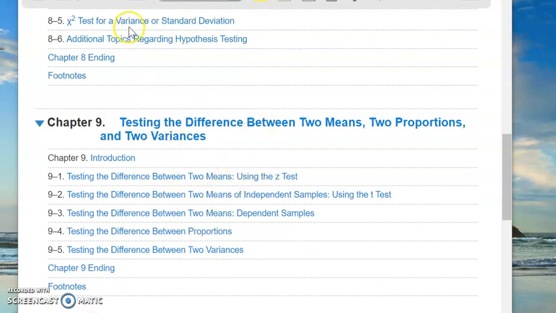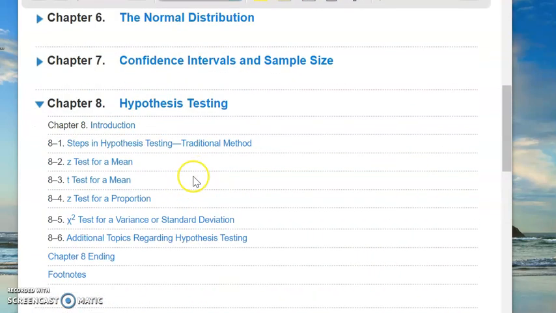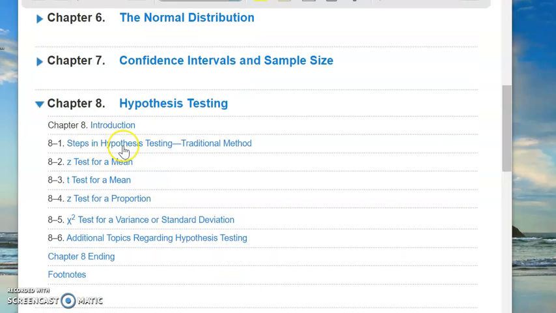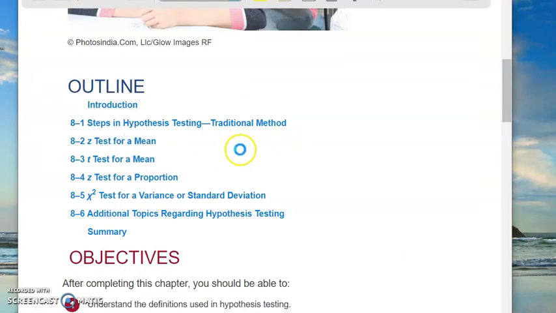Try to have an example for 8 and 9 that are kind of the same topic, but that clearly differentiate themselves from each other, and that will help you decide when you're doing a test, which techniques am I using, Chapter 8 or Chapter 9? Okay, so without further ado, let's get started here.